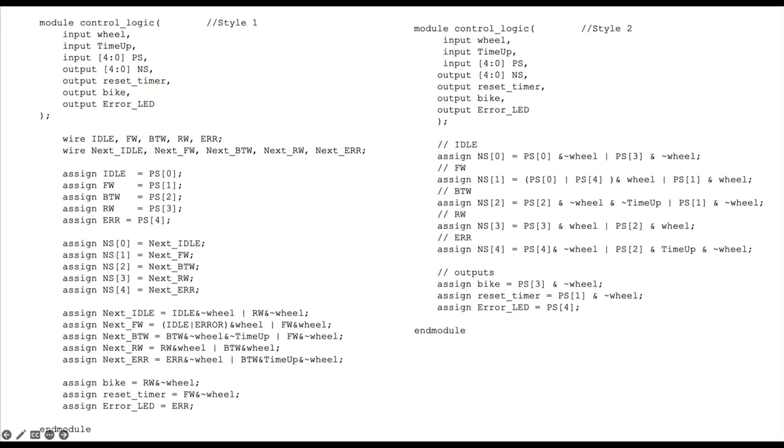All right, so we're back here. So these are two different styles. It's convenient to deal with your present state and your next state as buses, so that you don't have to write 5 lines of flip-flops. Now maybe you think 5 lines, that's not such a big deal. But later on it's going to be more than 5. And I always feel bad when I'm helping somebody and I see all these lines of flip-flops when one line would have done the same thing.